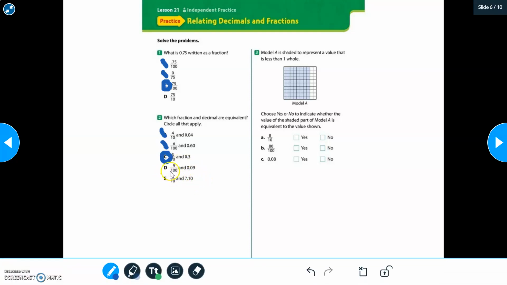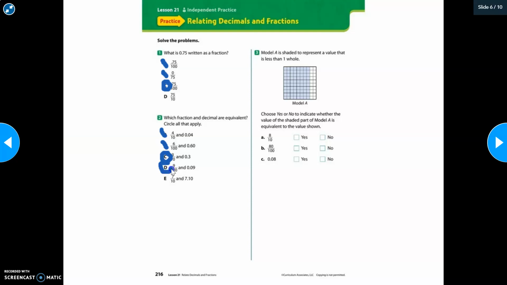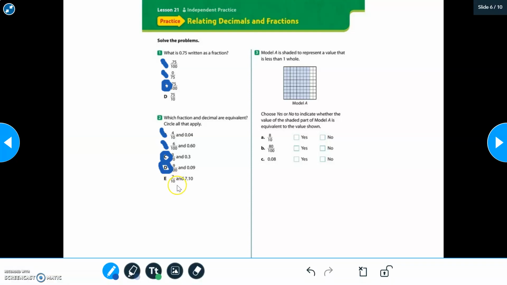All right, let's look at D. Oh, got another one. 9/100 as a fraction and 0.09 as a decimal. Yeah. All right, let's look at E. 7/10 and, you know what this decimal is?